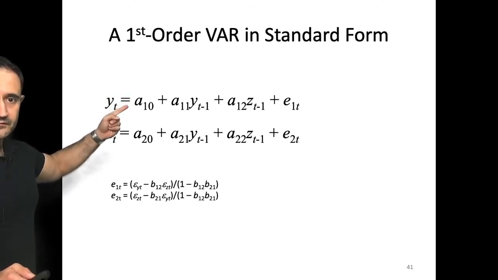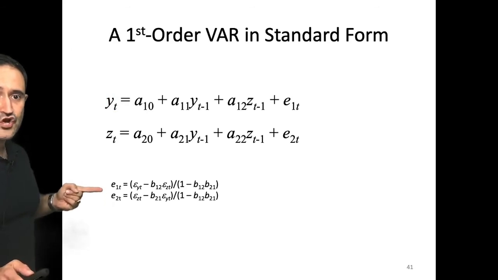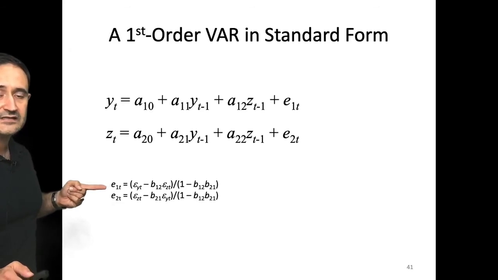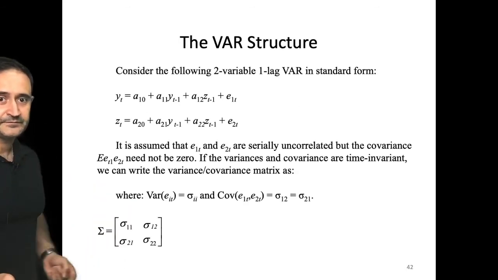These e's are observable, and we want to know how we could relate them to these epsilons. There is a way to do it, but that implies knowing those b's, b1, b2, b22, and so on, and those are the ones we don't know, because those are the ones we want to find out.